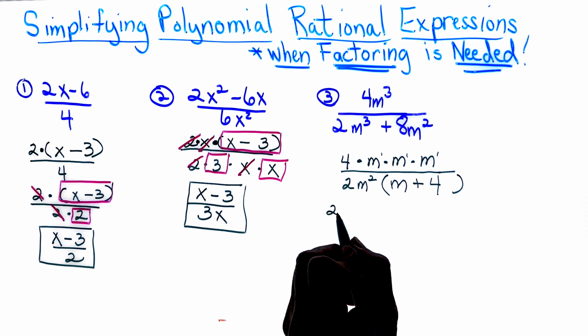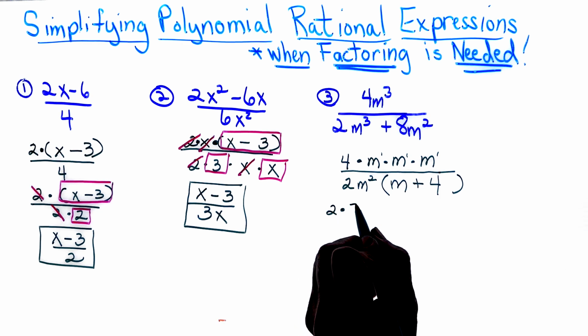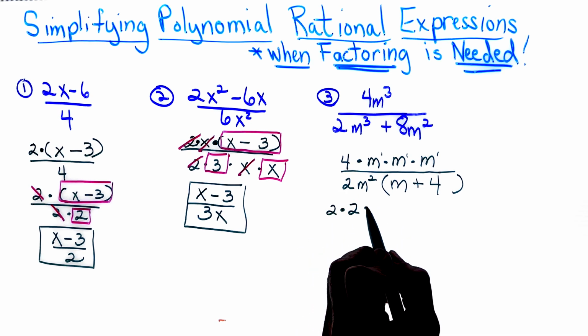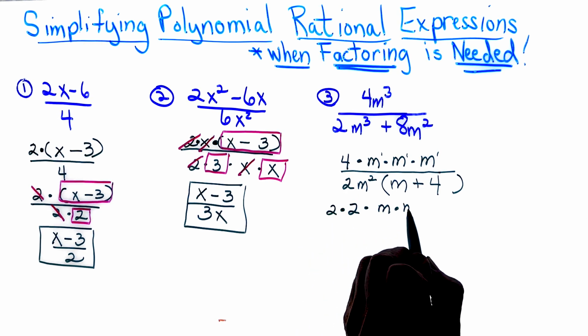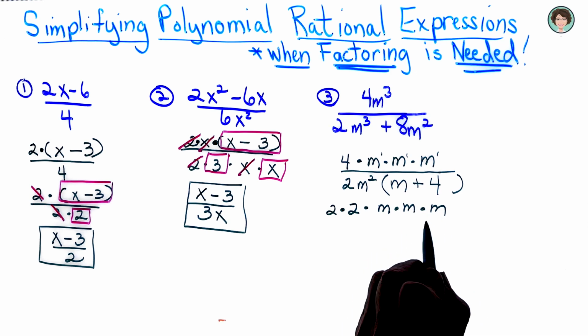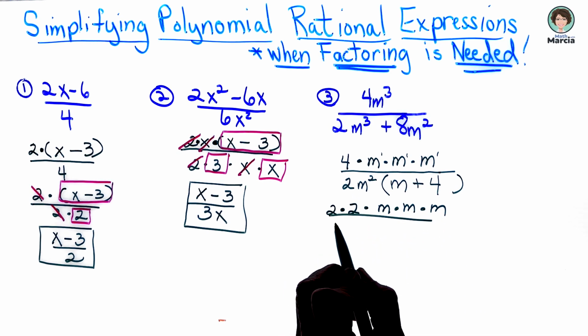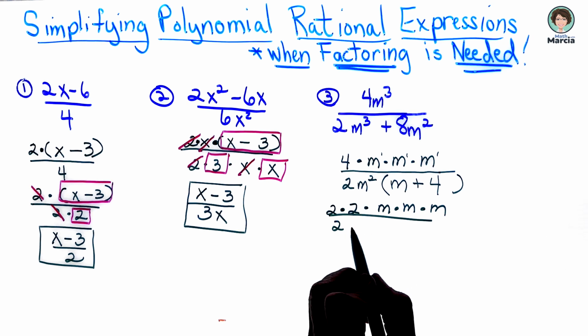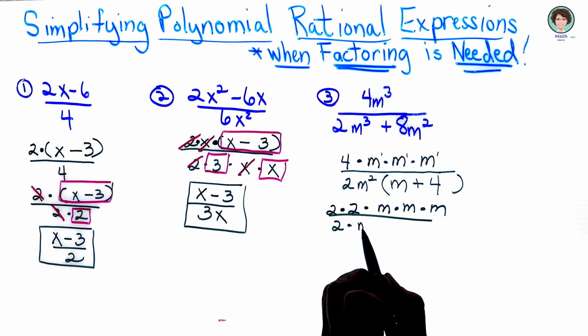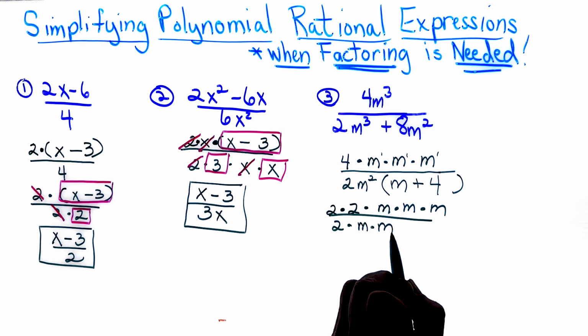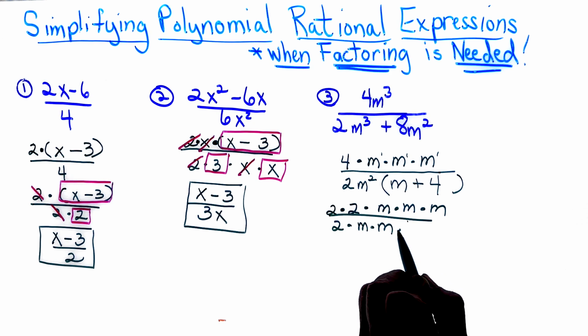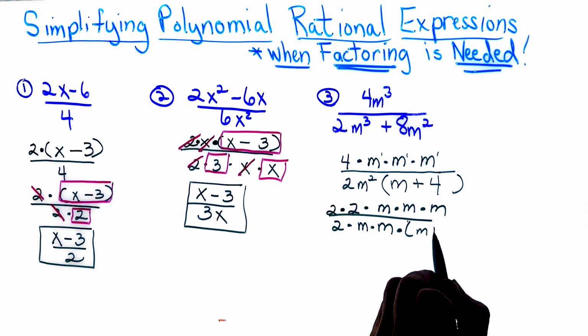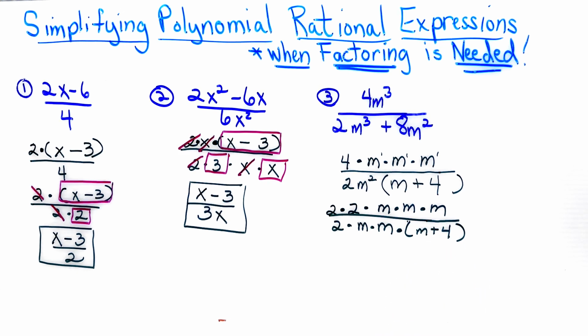So I am going to break it down even more. 2 times 2 is 4, and now I'm copying my m's over. I want to do 2, and now times, I'm going to break my m squares down, times m plus 4. Okay, so now as I'm simplifying, you're going to be able to see everything.